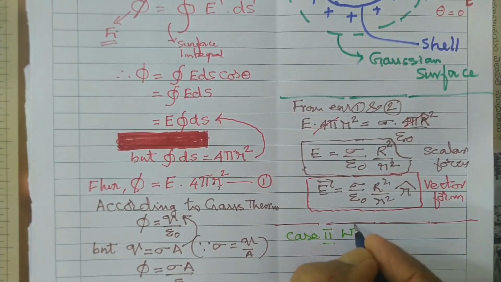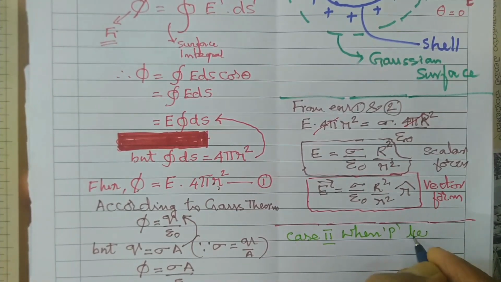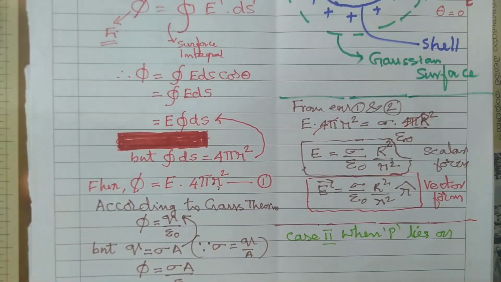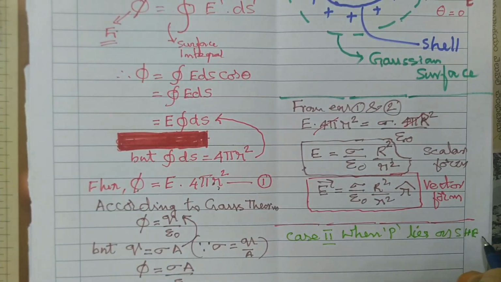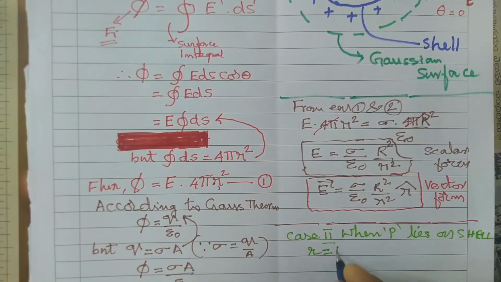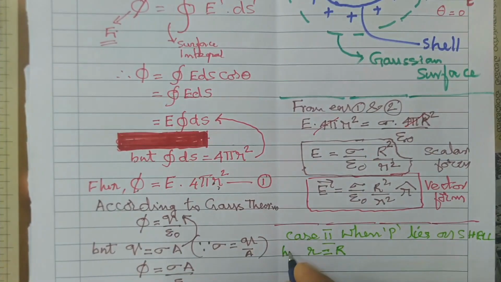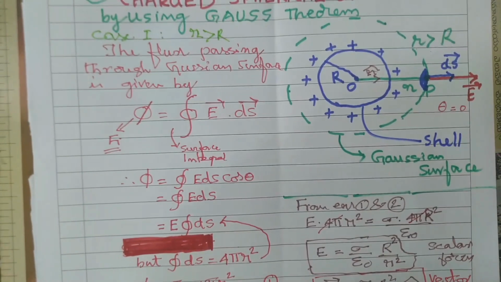When point P lies on the shell, then small r will be equal to capital R. Go to the diagram. Let us see that.